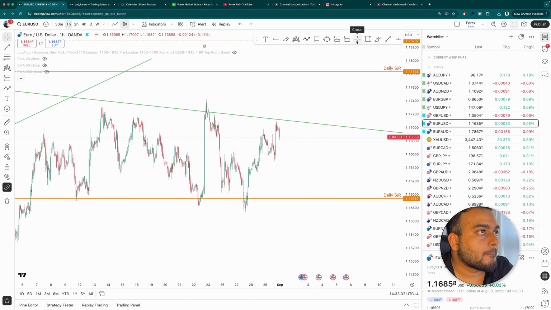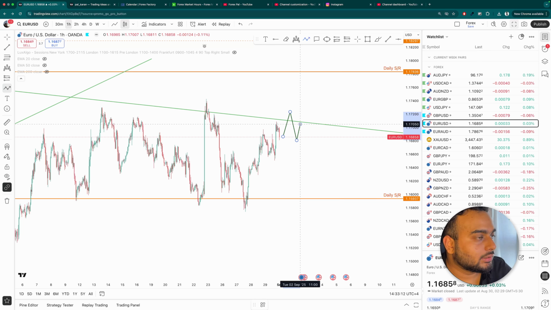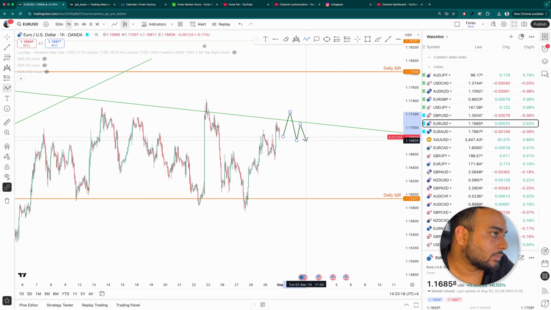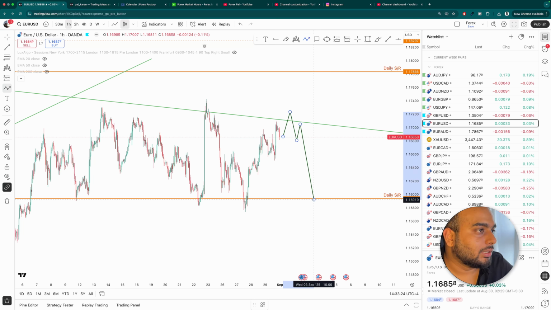So what we want is the price to come up, reject this area, push down, create a new lower high, or maybe just create a structure, because at the current structure it can easily create a lower high, unlike the previous one.